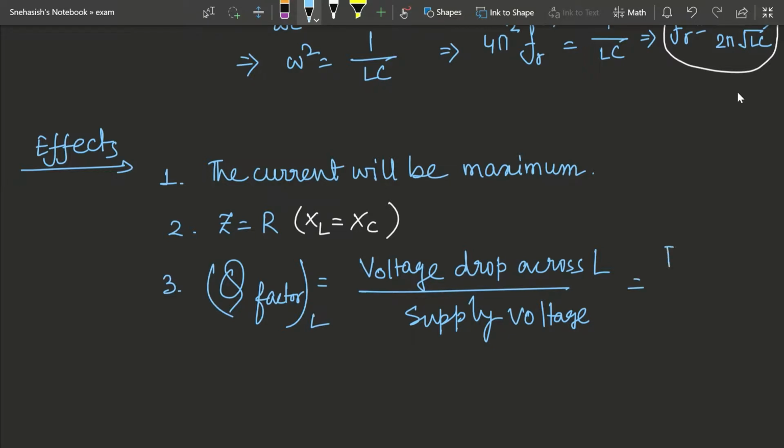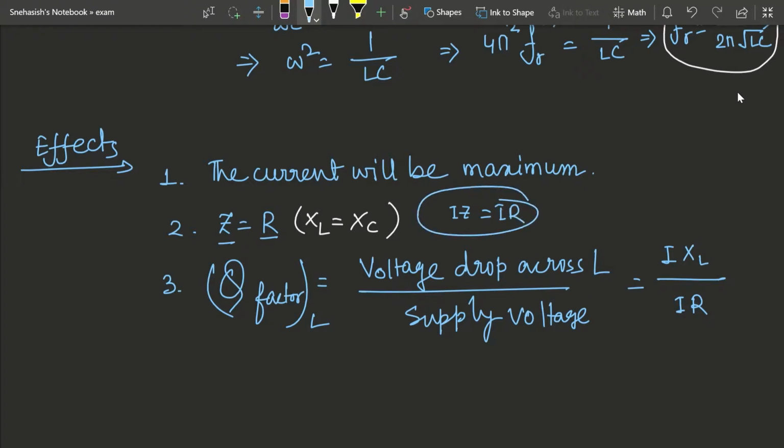So what will this be? IXL. And what is the supply voltage? It will be IR, because there is just R. Before this we could write IZ, but now it will be IR.